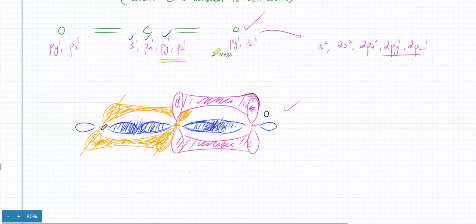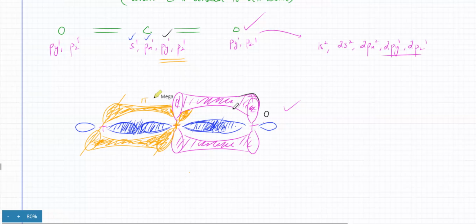There was another oxygen atom, a slightly rotated version of that oxygen atom. It had a pz orbital, and that bonded with the last orbital of carbon. So two pi bonds are formed over here. So you're getting two pi bonds and two sigma bonds.